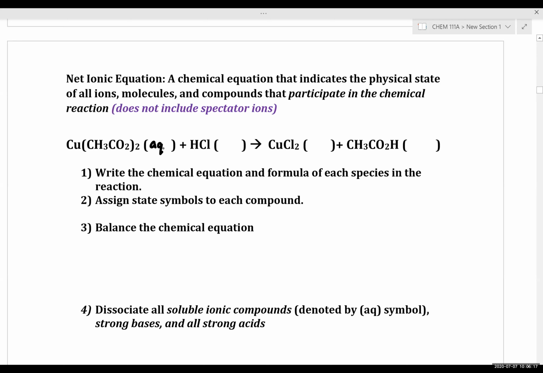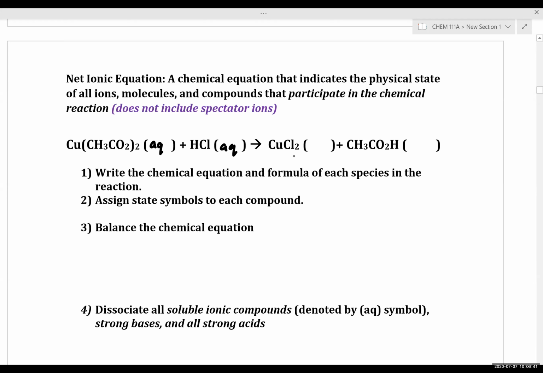Okay. Is hydrochloric acid soluble or insoluble? Acids, are they generally water soluble or insoluble? It's soluble, yep. And one student in the chat also pointed out that it's a strong acid as well. We'll keep that in the back of our minds for later. Copper 2 chloride. It's a chloride salt.